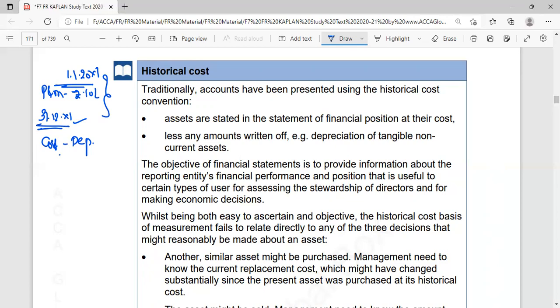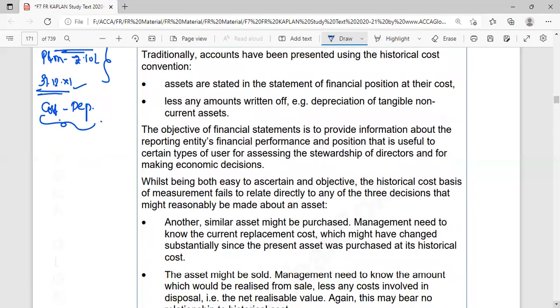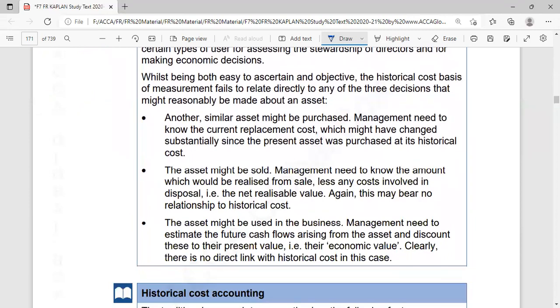In the first year, the cost of the asset or amount spent is the historical cost. But in the subsequent periods, we have to consider cost less depreciation as the historical cost. Then what are the alternatives available? Alternative valuations are available. For example, I purchased plant and machinery 5 years back for 1 lakh.